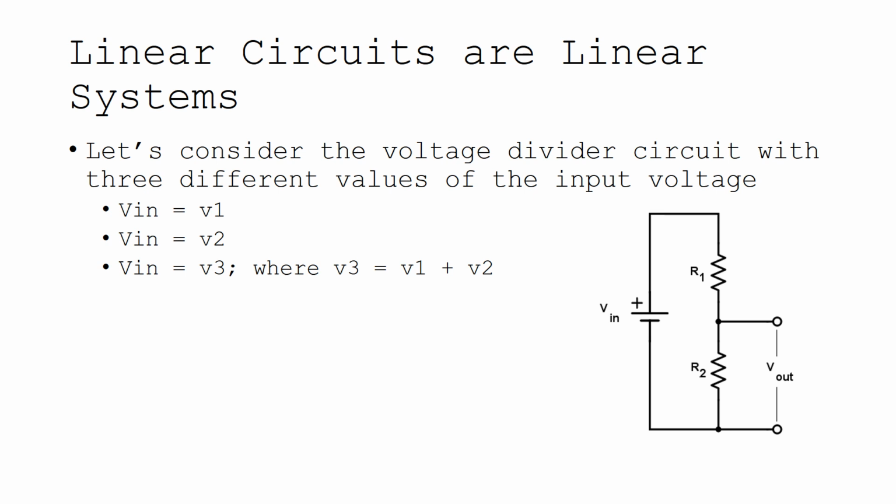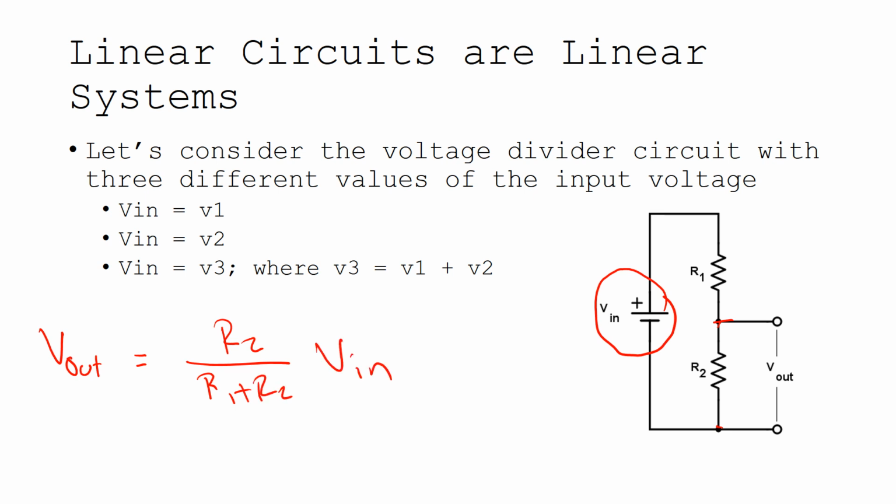If we have this voltage divider circuit, assuming that this battery makes our input voltage and the voltage measured at the resistor R2 is our output voltage, we can have a system input-output equation: V out is equal to R2 over R1 plus R2 times V in. Now we would like to verify that this circuit is actually a linear system.